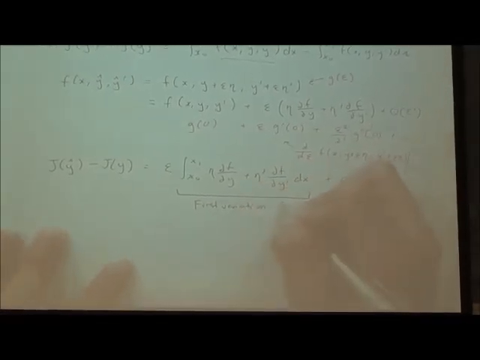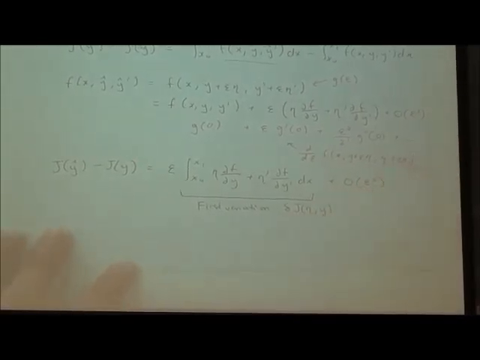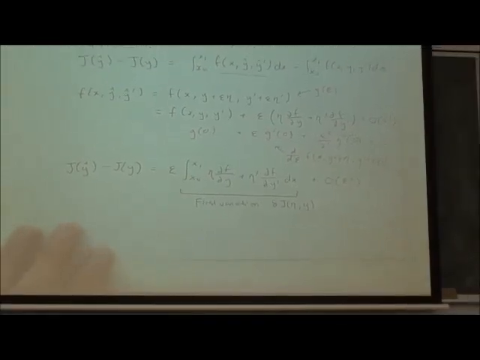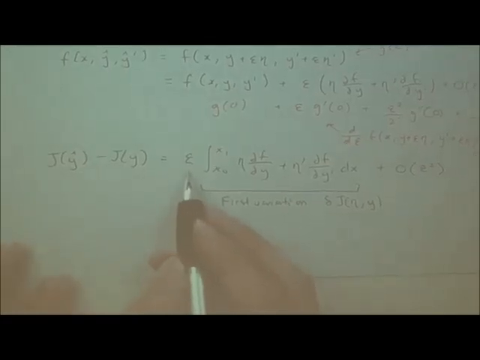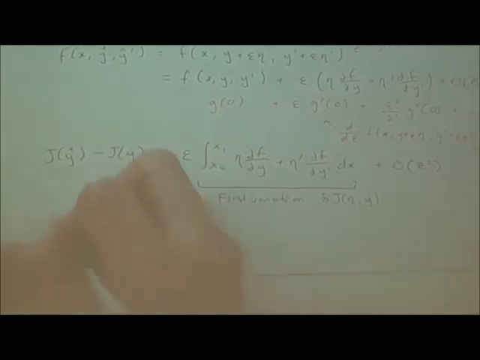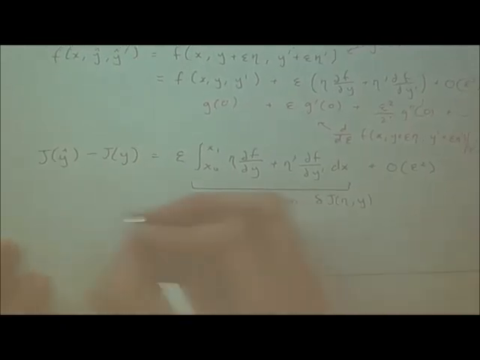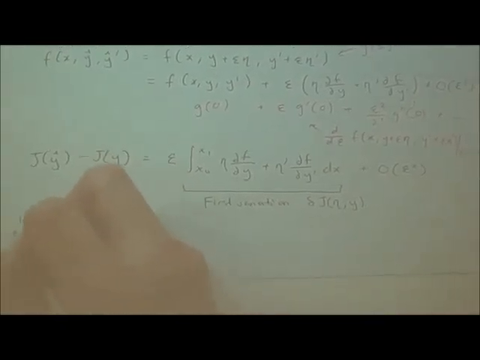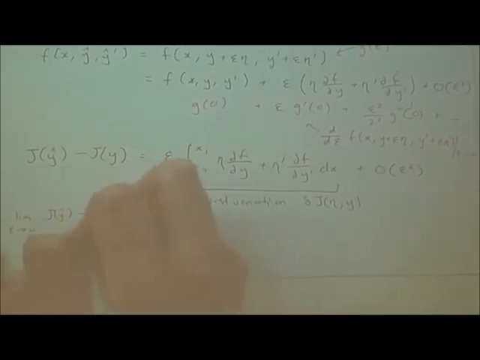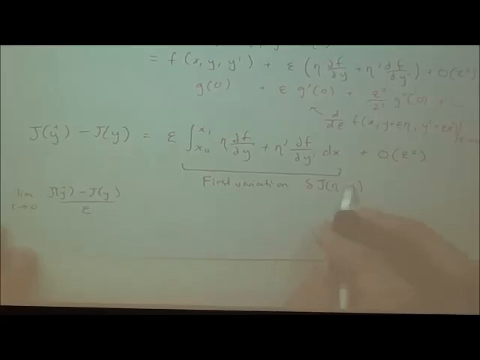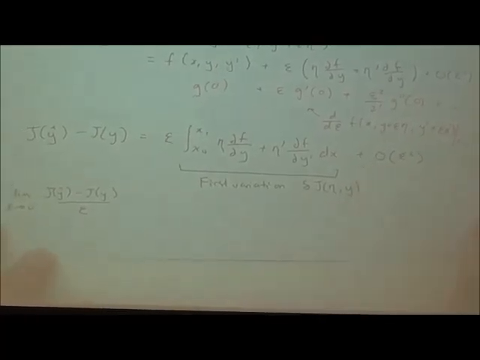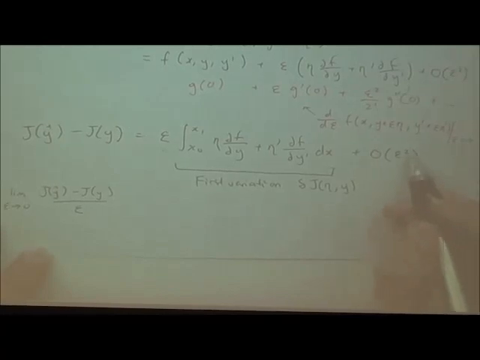And we represent this by delta J of eta and y. Now you can think of this first variation as a sort of first derivative, because if you take epsilon to the other side by dividing, and take the limit as epsilon approaches 0, then what you will end up with is the limit as epsilon goes to 0 of J of y hat minus J of y on epsilon. If you divide by epsilon and take the limit as epsilon goes to 0, every term here still has an epsilon in it, so on the right hand side here, all terms will tend to 0.